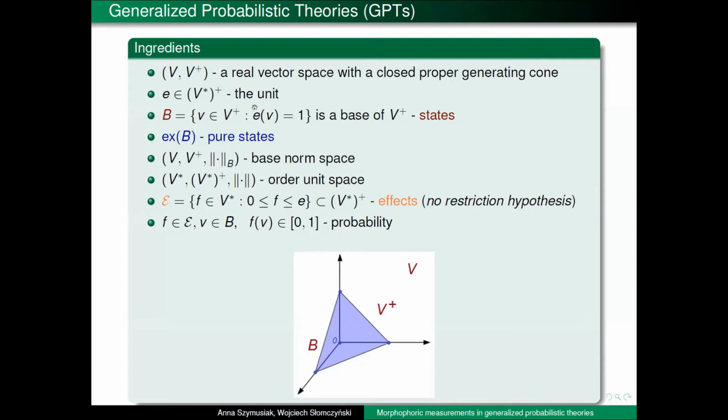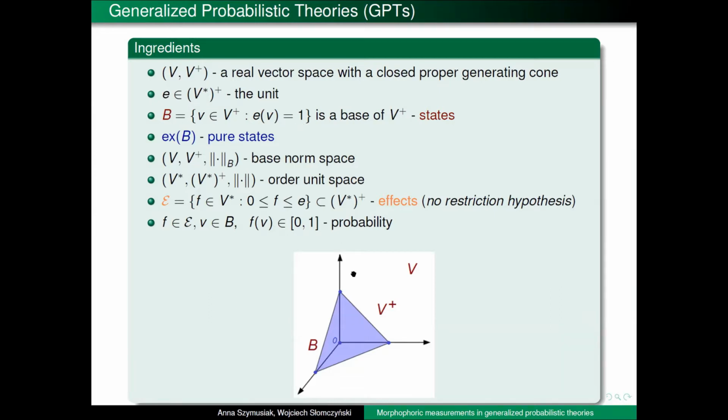There is also some element of the dual space, a functional E, the unit, and the set of states is the set of all positive elements such that the unit on these elements is 1.